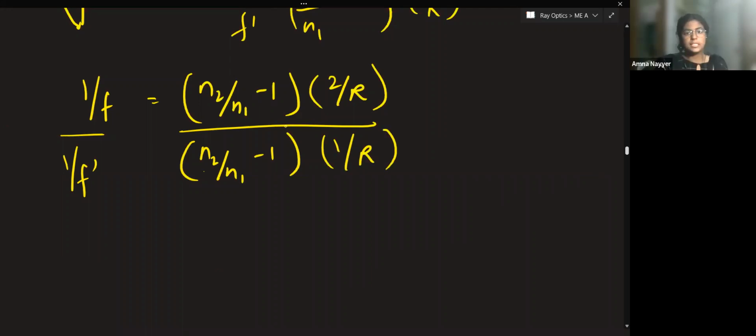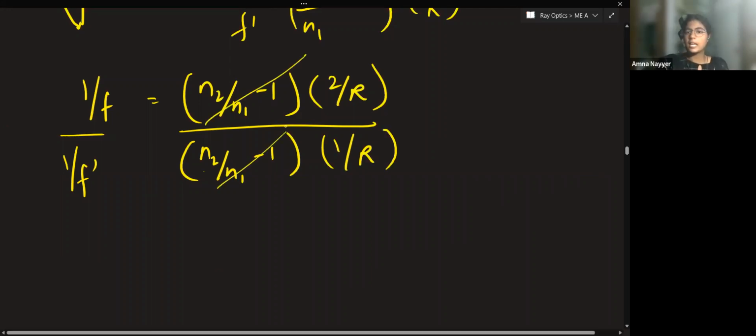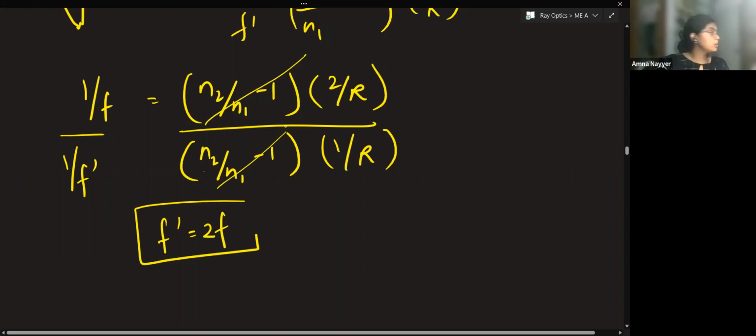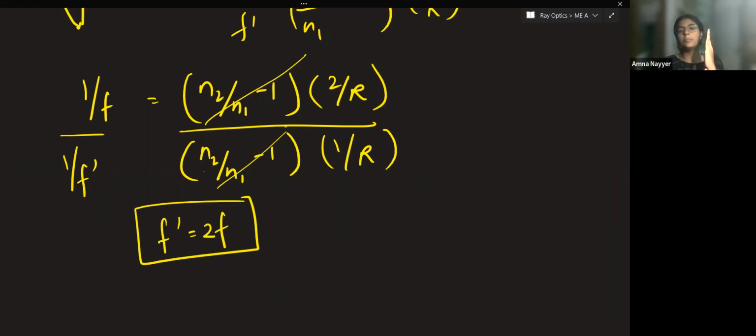So see, this gets cancelled, r also gets cancelled. You will be left with f prime is 2f. So if you cut the lens perpendicular to the principal axis, then the focus becomes twice the focal length that is present.